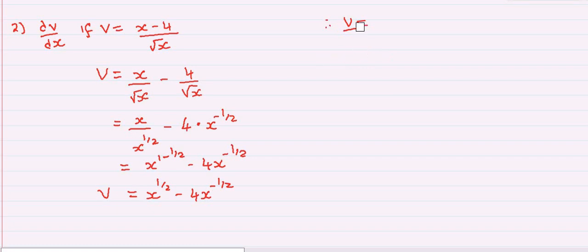So now let's find dv over dx. We need the derivative of v with respect to x. We apply the rules. For x exponent 1 over 2, you multiply the exponent with the coefficient, it becomes 1 over 2 x exponent 1 over 2 minus 1.